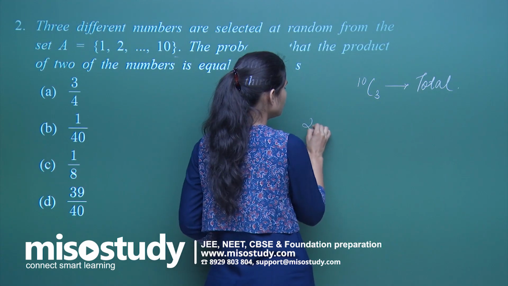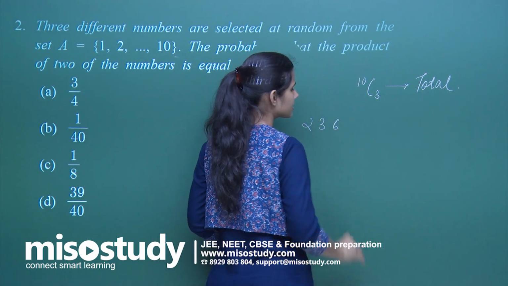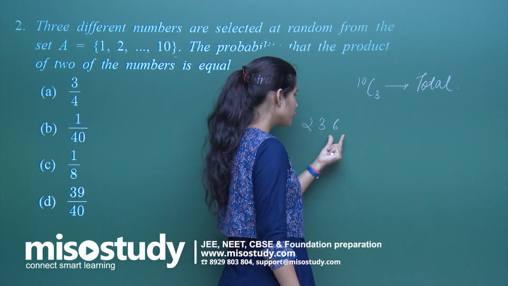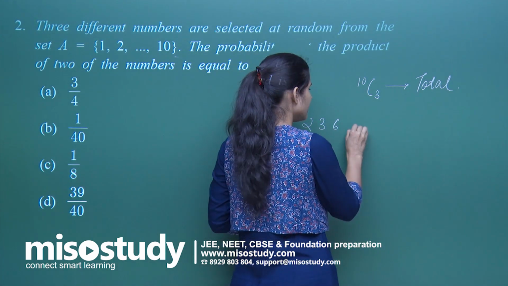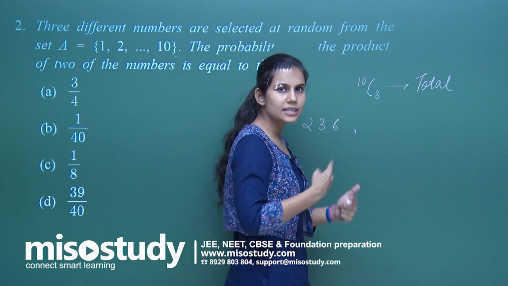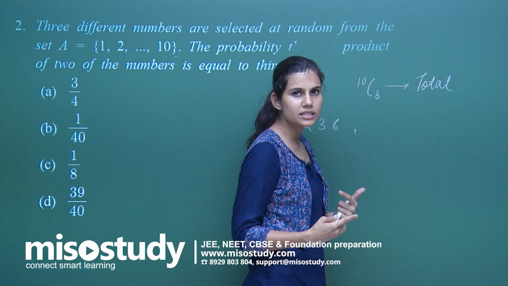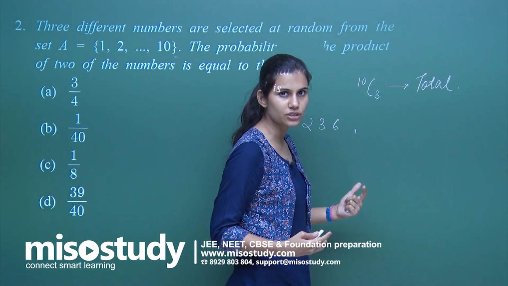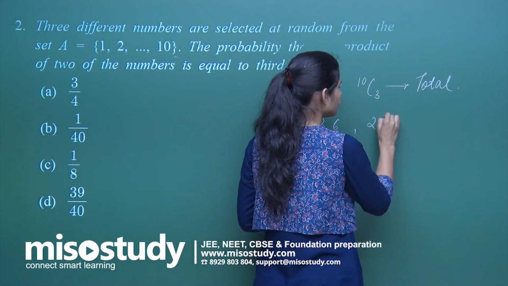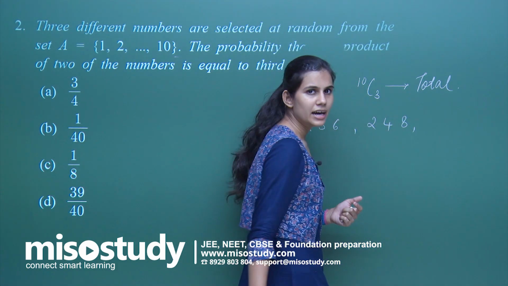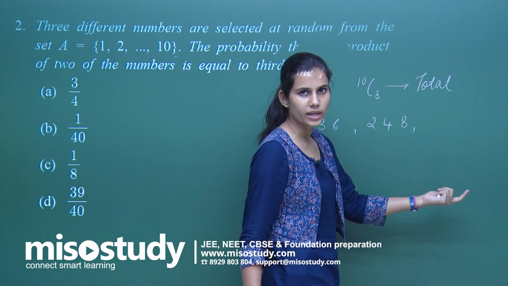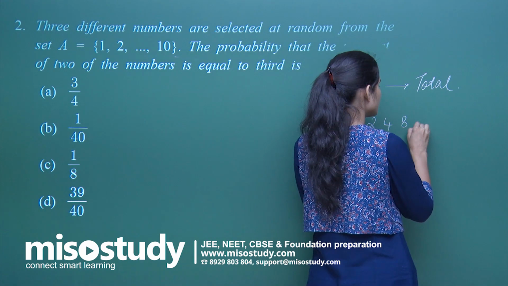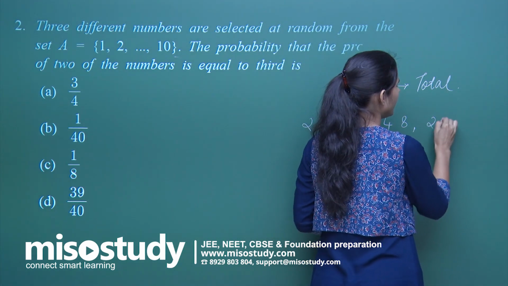So you can choose 2, 3, 6. In this case, product of 2 is equal to the third. Either 3 into 2 is 6, or 2 into 3 is 6. Now you cannot take 3, 2, 6 as another combination because I am not interested in arrangement, I am just interested in selection. Then after that you can say 2, 4, 8. Again, don't consider 4, 2, 8 as another selection. That's not another favorable way. After this you have 2, 5, 10.